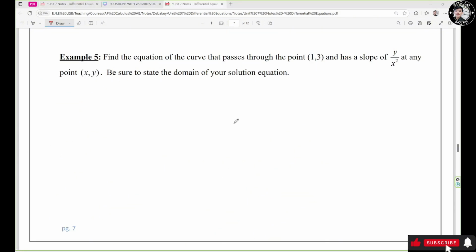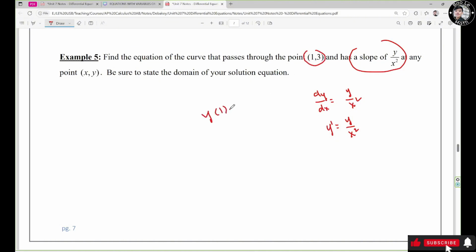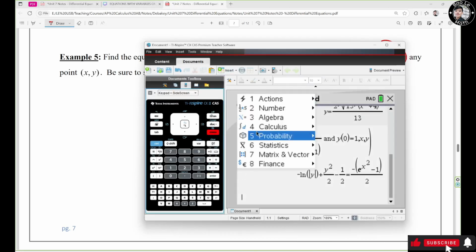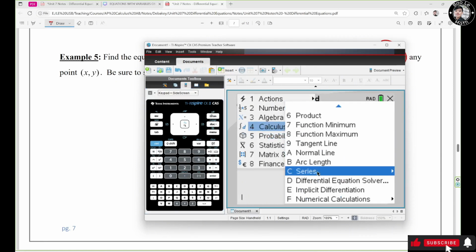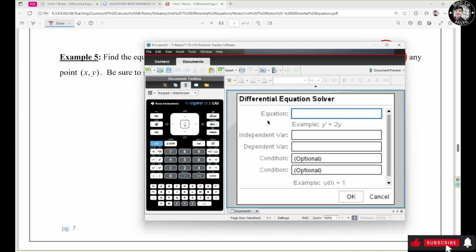Now we're going to bring up the calculator to check our work, right? So you have this one as dy over ds equals y over s squared. So it turns out to be y prime equals y over s squared. And the initial condition is right here, y of 1 equals 3, right? So you're going to hit menu, calculus, differential equation solver, right?